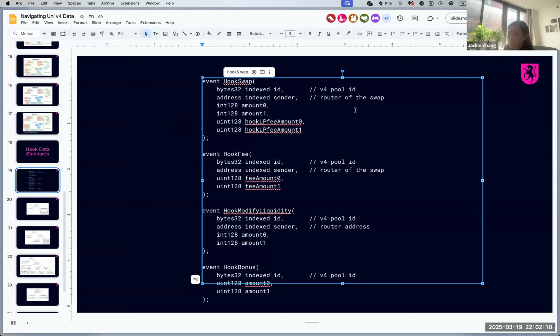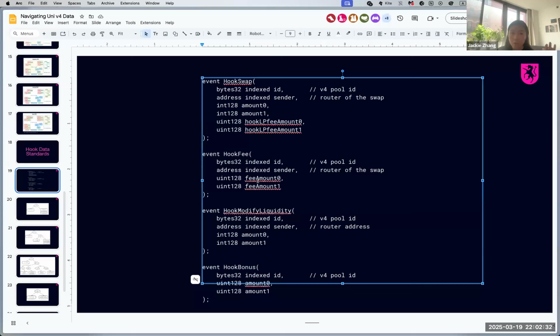Okay, the first one is the hook swap event. You should emit it when, as a hook, you're trying to facilitate some sort of swap. You need to emit the amounts being swapped, as well as the LP fees that are being charged. This LP fee is different from the hook fee.